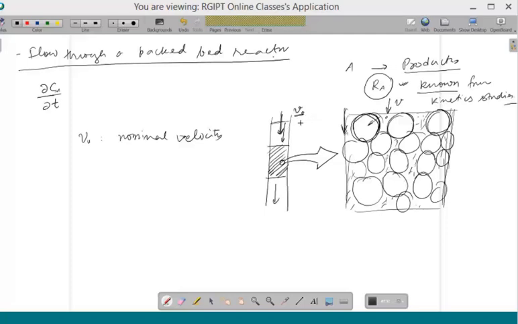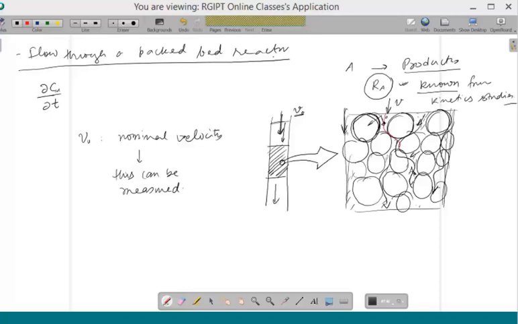Now why is it called nominal velocity? Because that's what we can measure. The real true velocity you cannot measure, because if you look at velocities, they will have all possible directions, because fluid will be carried away like this. The flow pattern is completely unknown because it's a very randomly packed medium, and there's no way to predict how the flow may occur.